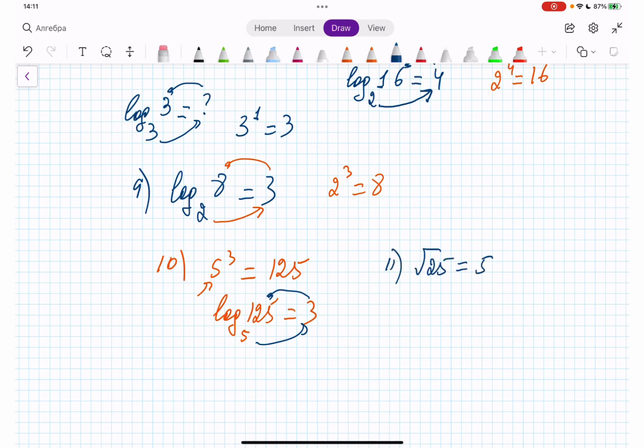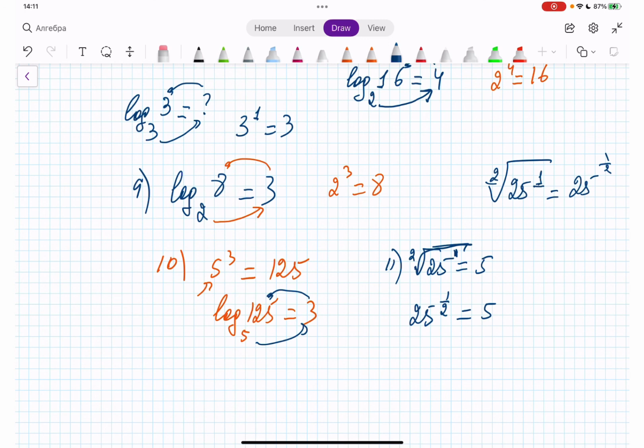Square root of 25, I can write as 25 to power 1/2, because 25 has degree 1 here, and square root, when we don't put any degree, by default means 2. This 1 comes to numerator, 2 comes to denominator. 25 to power 1/2 equal 5.